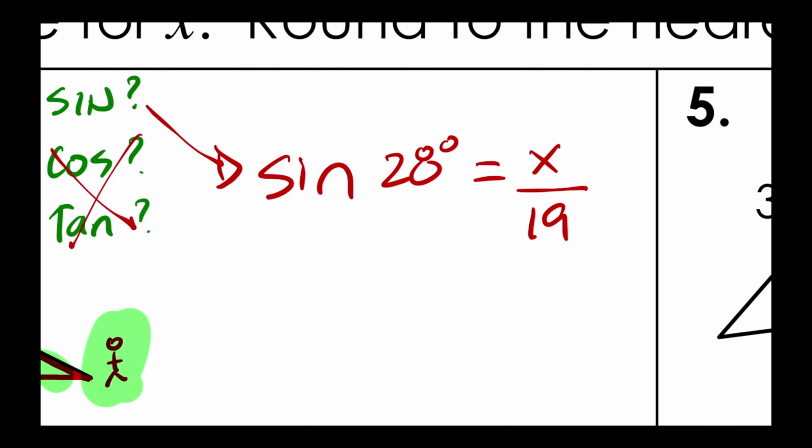So what's the opposite of dividing by 19? Maybe I said that too fast. Remember, when you solve equations, you need to do the opposite to get rid of things. If I want to get x by itself, I have to get rid of this division by 19.